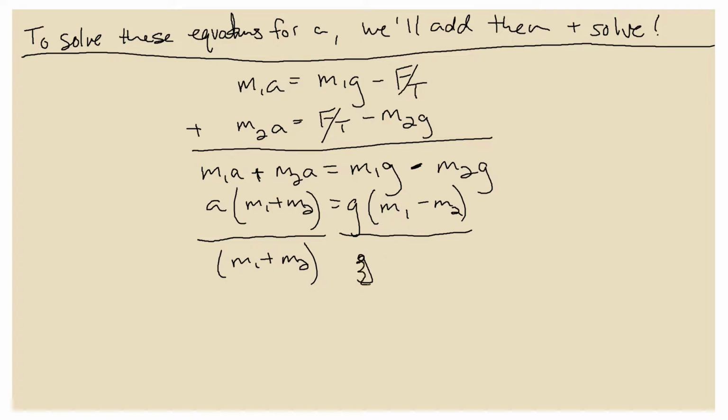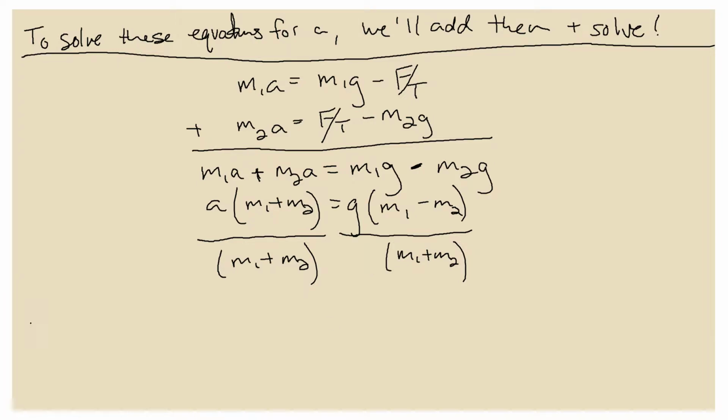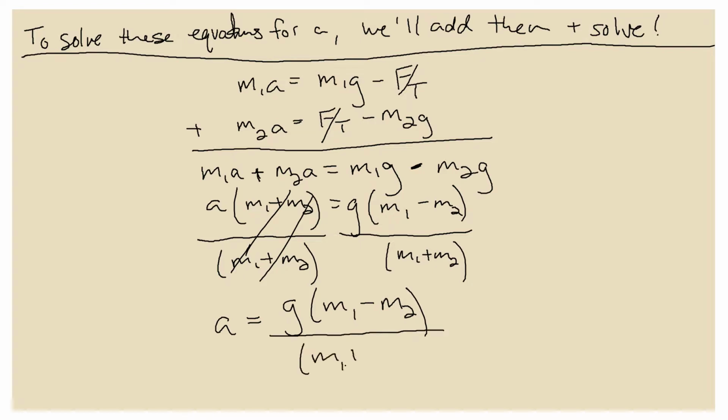When you wrap that up and do the math, it cancels from this side. So we just get A equals G times M1 minus M2 over M1 plus M2. Cool.